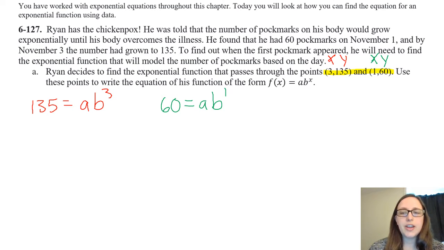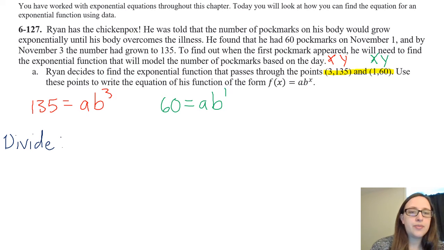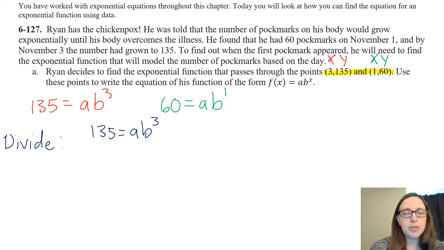So the way I'm going to divide is put the bigger exponent on top. So I'm going to put the 135 equals AB^3 equation on top. And then I'm going to put the second equation on bottom. So that's 60 equals AB to the power of 1.